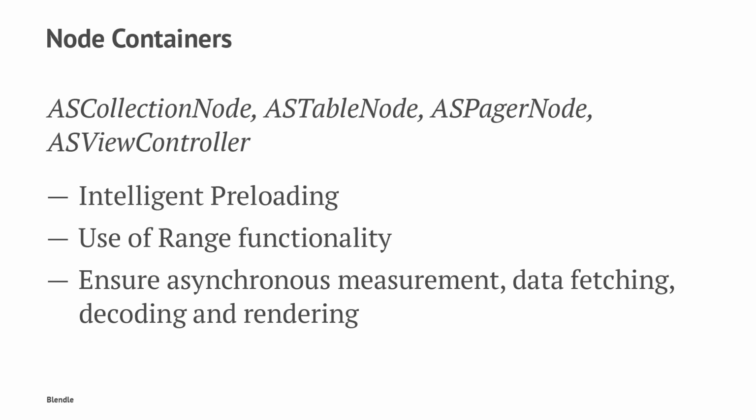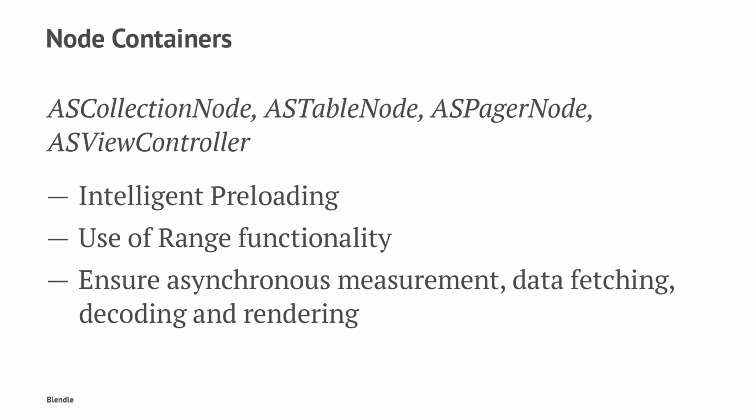So if you have an ASCollectionNode and you have 100 cells, some of them will be in the display range, some will be in the pre-render range, some will be in the data fetching range, and some will be in the nothing range, where they exist but don't do anything yet, and they're very cheap to use. So they all automatically use range functionality, and they also ensure that all work is done asynchronously.